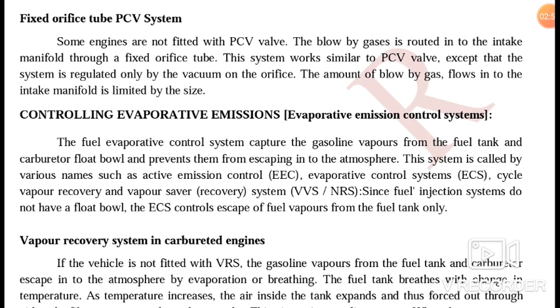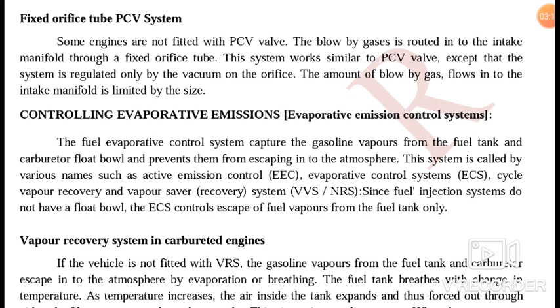We have different types of evaporative emission control systems. First one is the active emission control and evaporative control system, that is ECS, cycle vapor recovery, and vapor saver system, that is VVS or NRS.